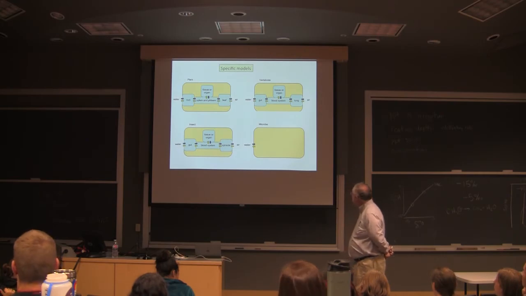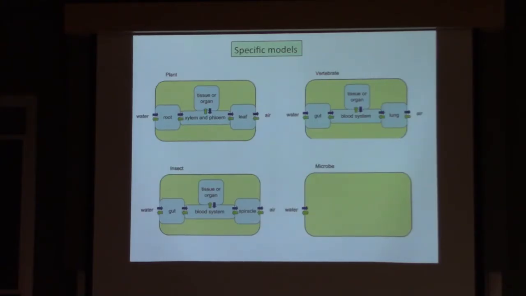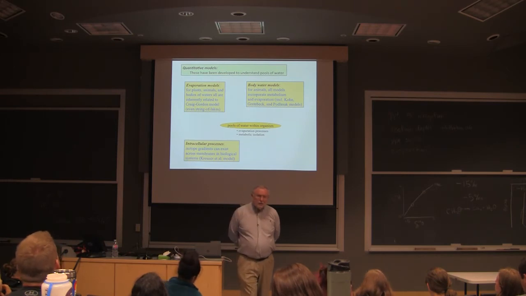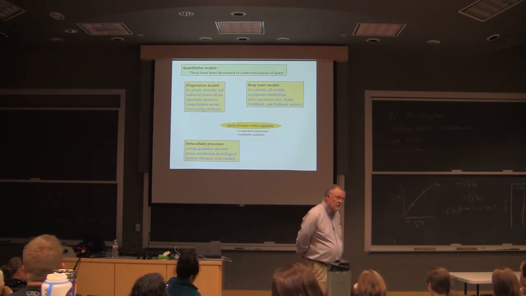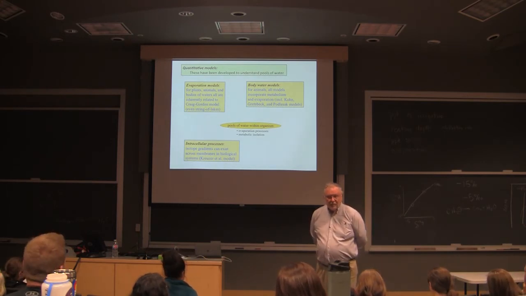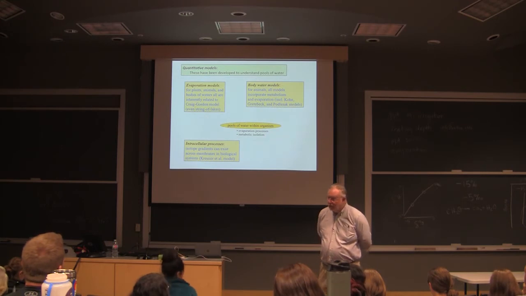I can apply the same thing to a vertebrate, in which case we now have a blood system. We don't have xylem and phloem, we simply have a single blood system. And then we have a tissue and organ, and then we have a lung. Or I might apply this to an insect, in which case I might have a spiracle. I can apply this to a microbe, but if it's unicellular, in theory, there's just going to be one pool. And I'm going to tell you that if you take that concept, you can have access to every model and equation that allows you to make a prediction.